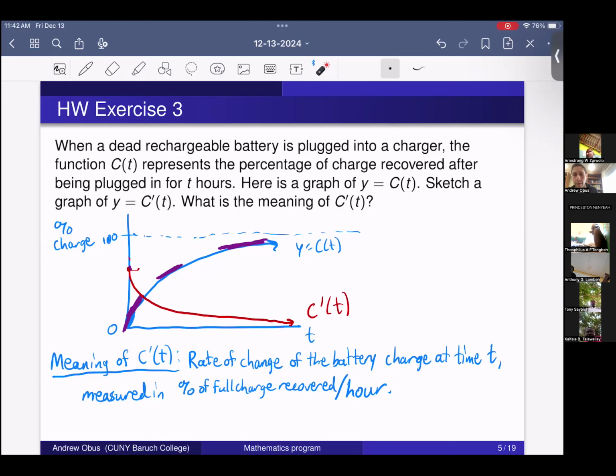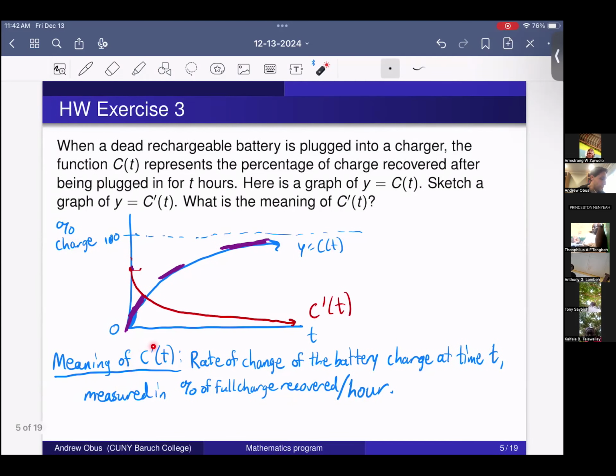Okay. If C prime of t is 10, which maybe it is when we're very close to the end of the charge, we're saying that we're recovering about 10% of the total charge per hour. So it's a rate. When you're talking about a function of time, the derivative is always a rate of change.